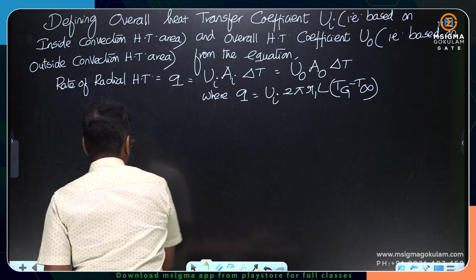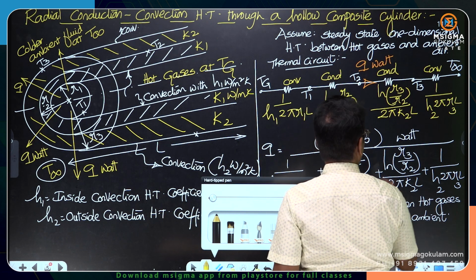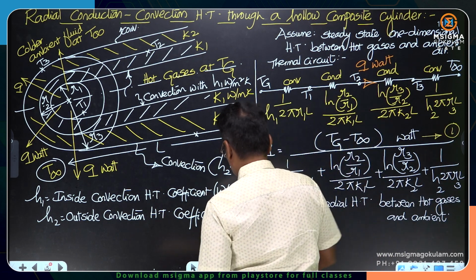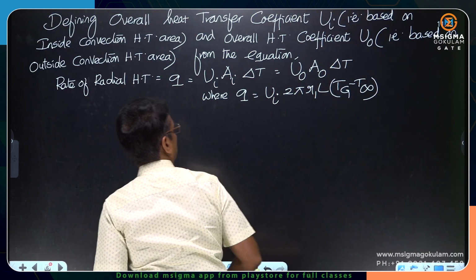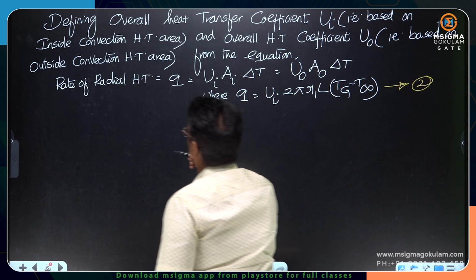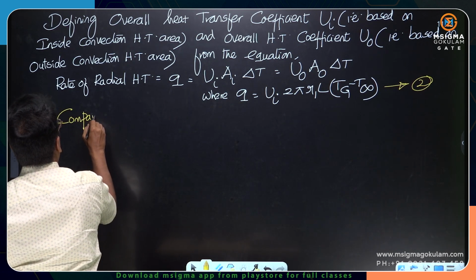If you call this equation 1 and this equation 2, comparing 1 and 2, we get the expressions for U_I and U_O.